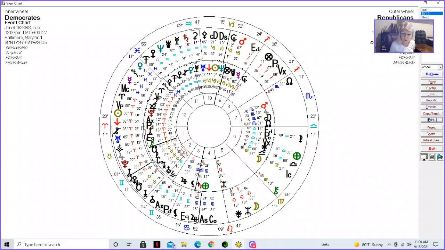The other one I want to look at is the Apollon of the Republicans. So I'm going to go to the Saturn now of the Democrats. And here you see Apollon from the Republicans. Now they're both retrograde. And it's interesting to have a retrograde Saturn, by the way, because it means that the parental, the people above the Democrats, well, they're actually an original party. You know, I believe they came from the Whigs. I don't remember. I knew that once, and I'd have to go look it up.